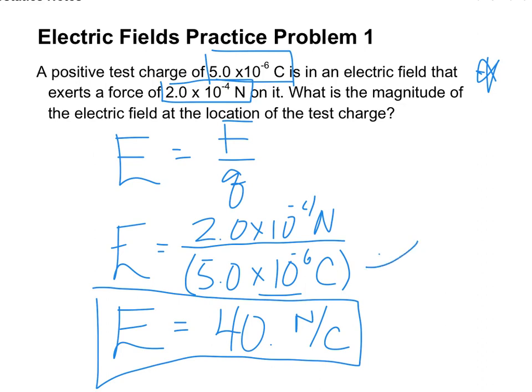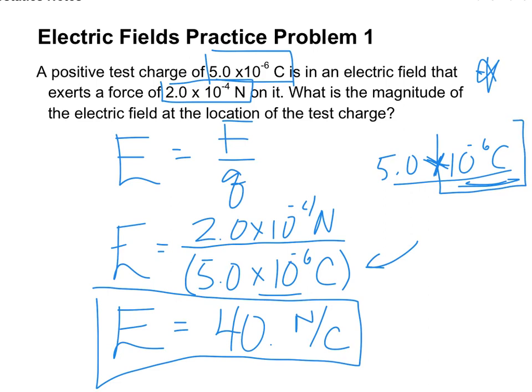I want to talk about this 5.0 times 10 to the negative 6 coulombs. This is a pretty standard amount of charge. A lot of times when we're dealing with charges, we're talking about 10 to the negative 6 coulombs because 1 coulomb of charge is actually a ridiculously large quantity of charge.